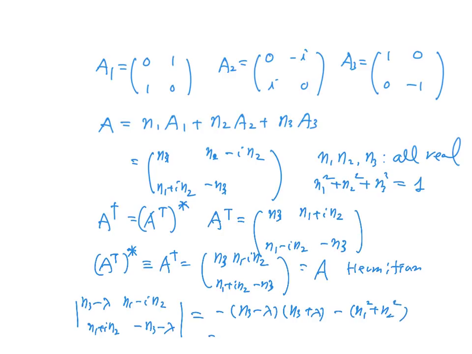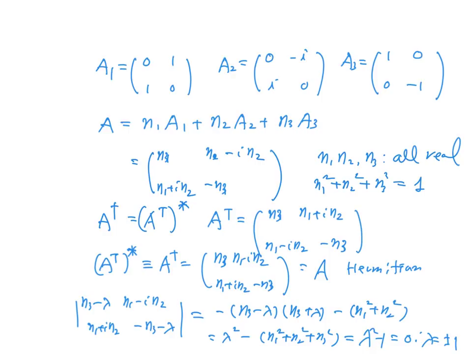So that is lambda squared minus (n1 squared plus n2 squared plus n3 squared). By the constraint of the problem, what is the value of n1 squared plus n2 squared plus n3 squared? 1. So lambda squared minus 1 is equal to 0, so lambda is plus or minus 1.